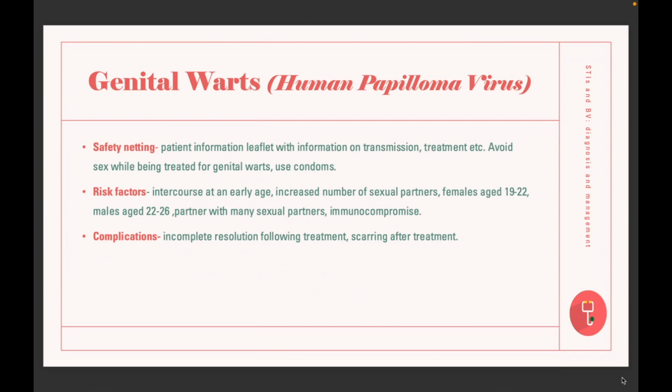Increased number of sexual partners, females aged 19 to 22 and males aged 22 to 26. If you have a partner with lots of sexual partners or if you're immunocompromised. Complications of this include incomplete resolution, so still having some or all of your warts following treatment, and scarring after treatment as well. Next slide, please.